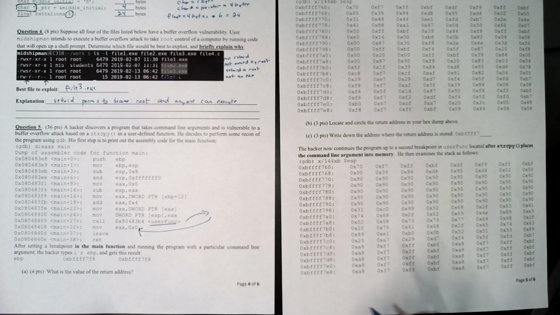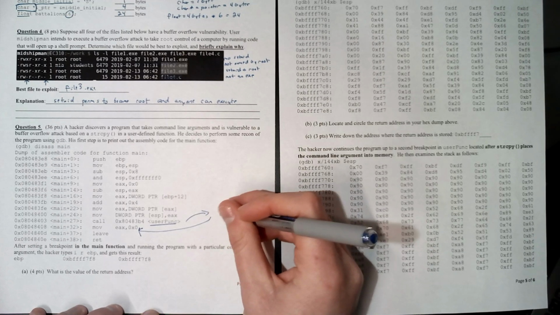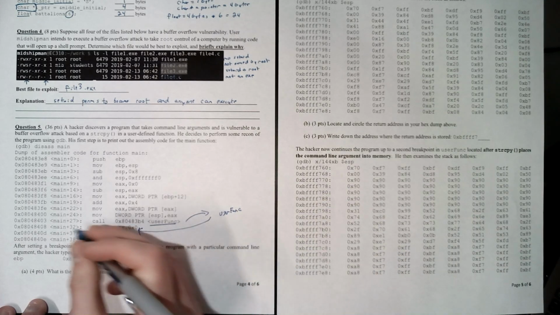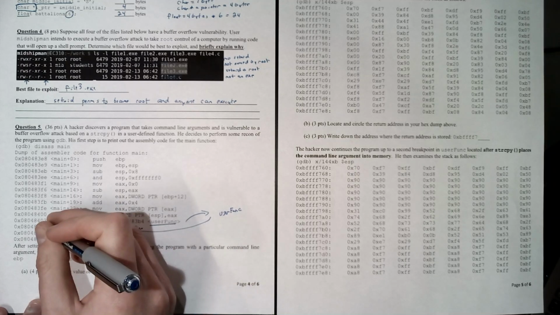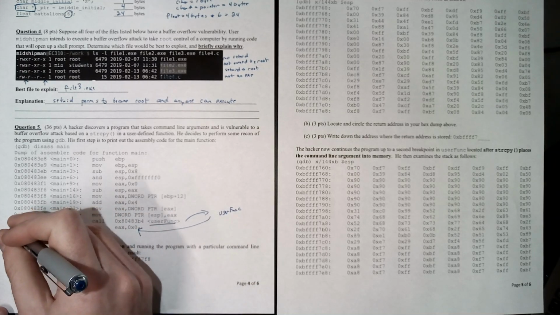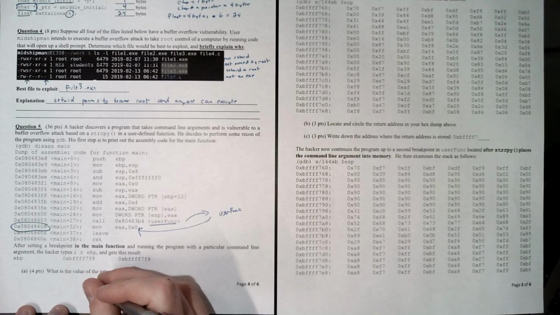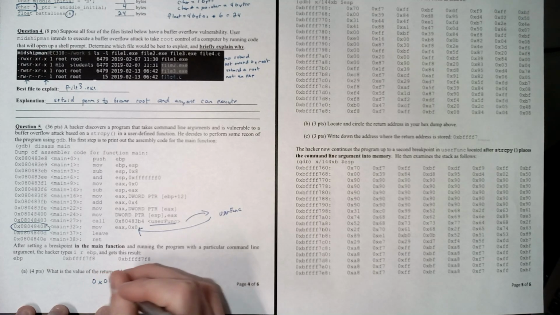Whenever we come back from user func, we want to go to the next line of code. And so our return address is going to be right here at main plus 32, or 0x08048408. So that's going to be our value, 0x08048408.